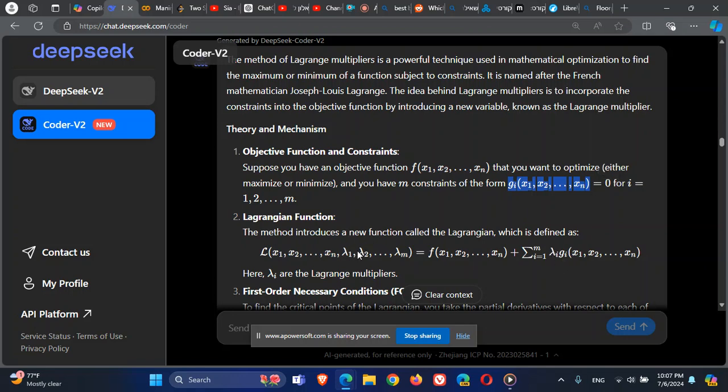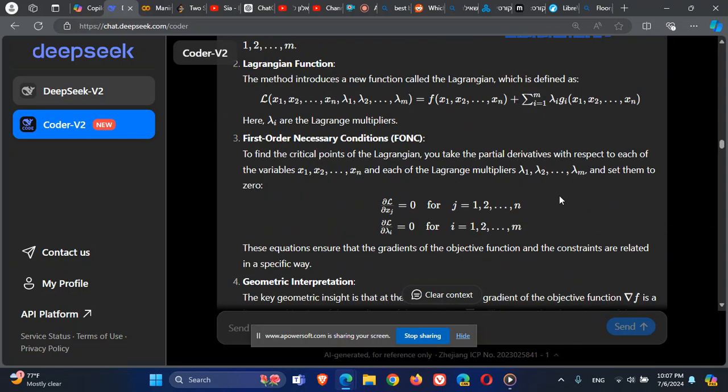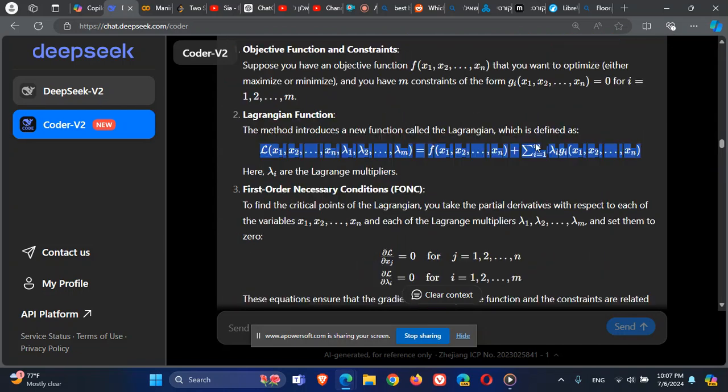Namely, I multiply each constraint with its Lagrange multiplier, with its lambda that I just added here, and the lambda is unknown. We will find it, and using this we will find the maximum or minimum value, the optimization values of the function f constrained by those constraint functions. So this is the Lagrange multiplier we built from the function and the constraints.